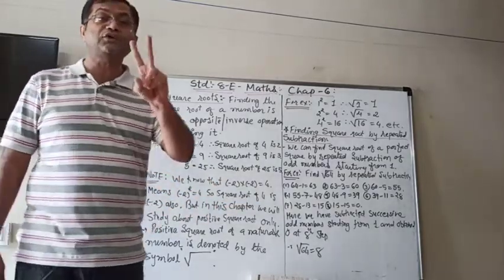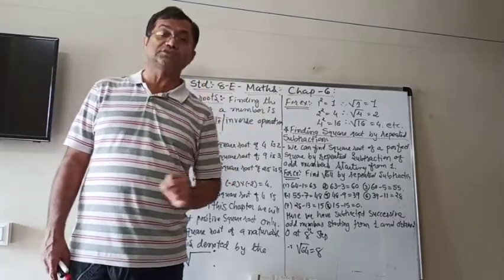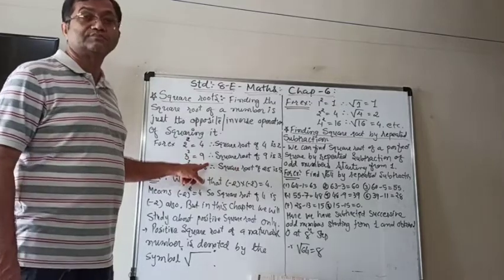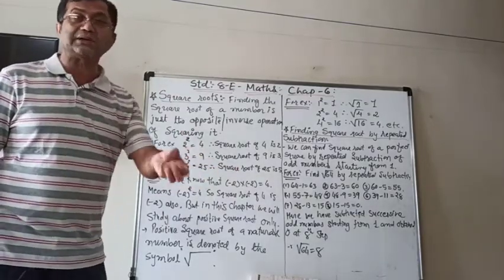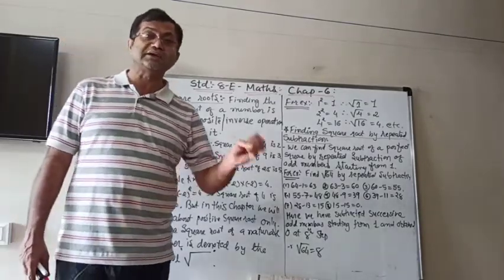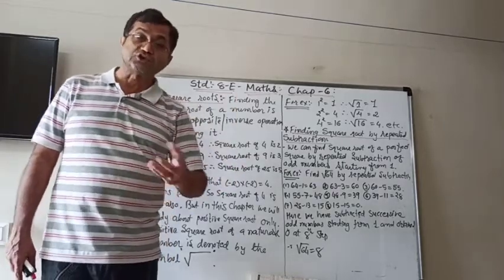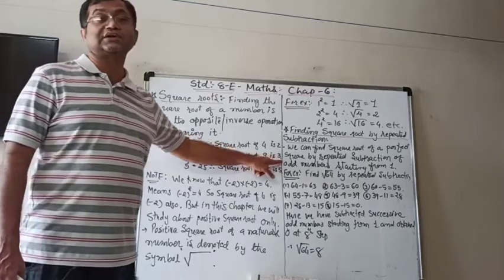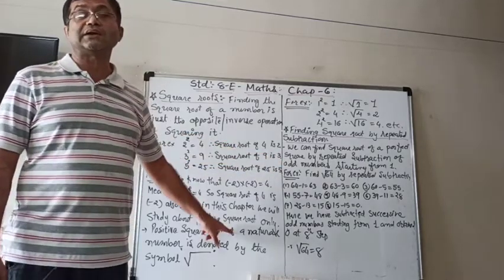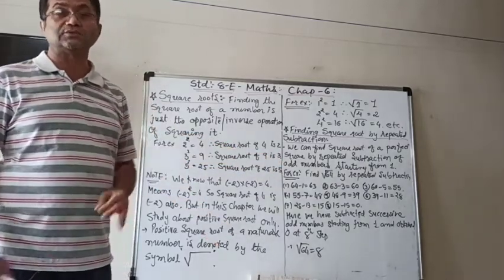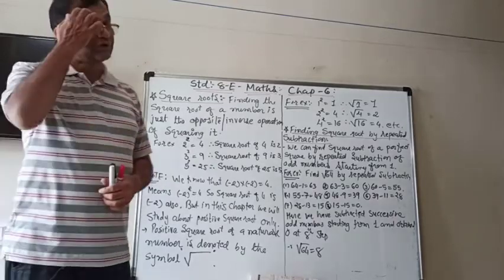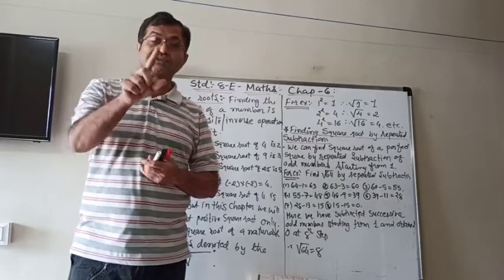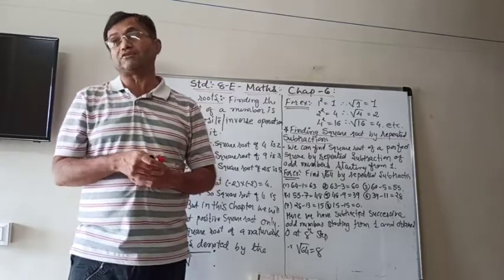It means square root of 4 can be 2 and minus 2 both. Similarly, 3 square is 9, but minus 3 square is also 9. So square root of 9 is not only 3 but can be minus 3 also. All perfect squares have two square roots, one positive and one negative.